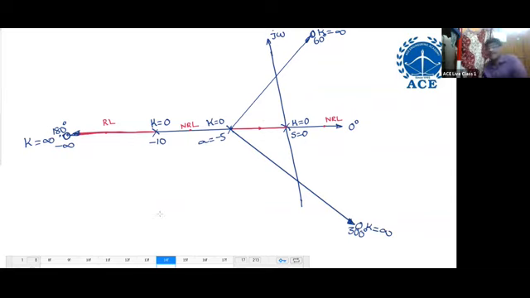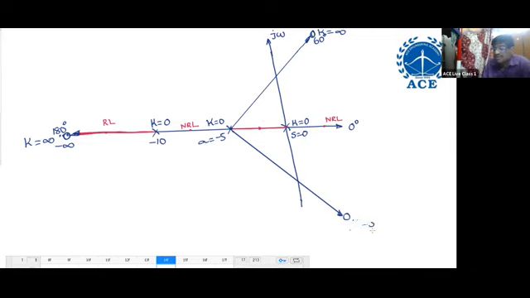Once you represent the angle of asymptotes, then the number of poles must be equal to the number of zeros.